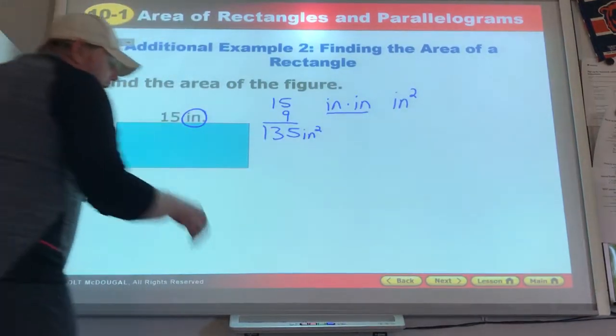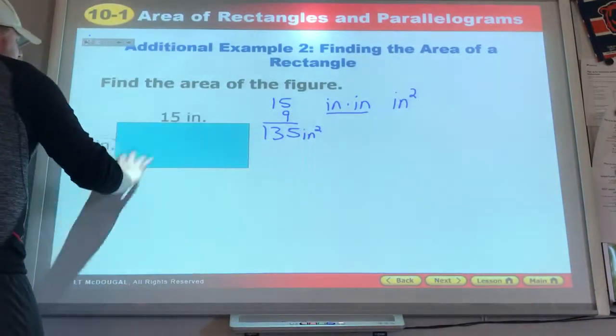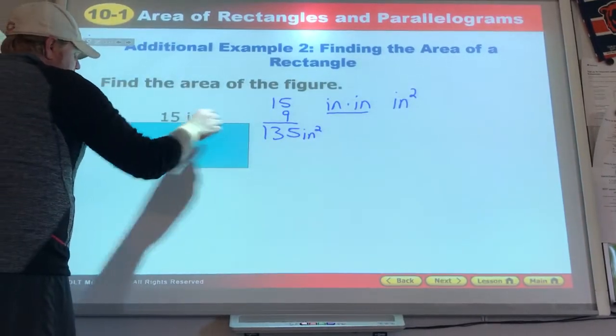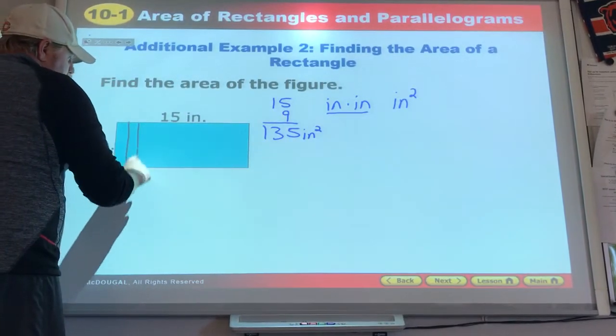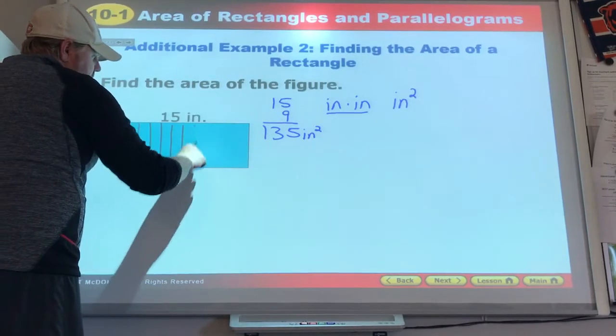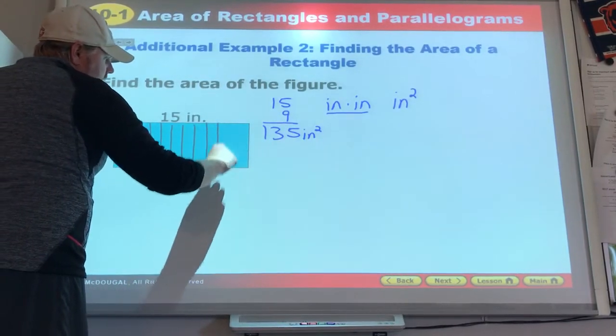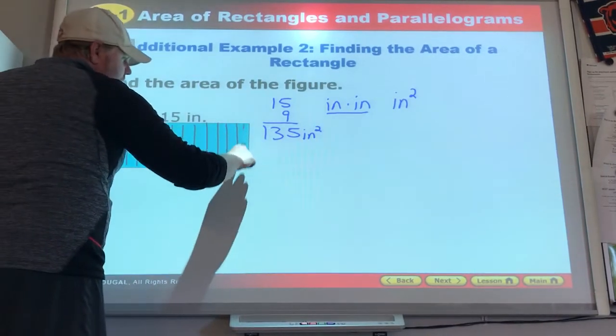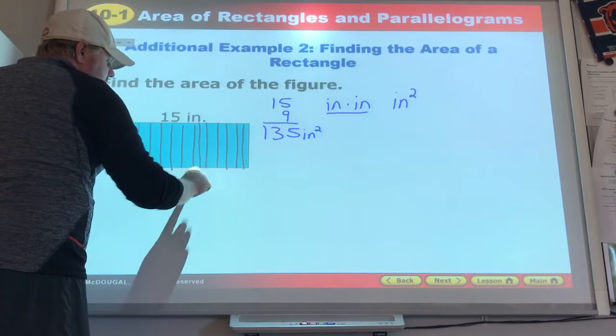Okay? The other thing that I do want to show you with this, if I were to take and divide this into 15 1-inch strips, and 14.